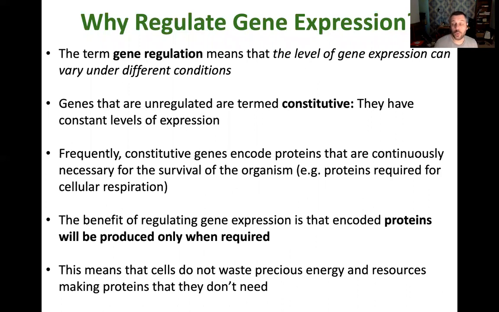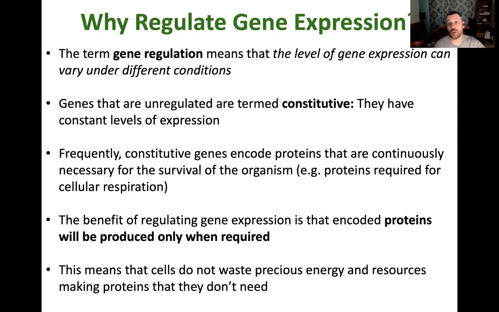So why is it important to regulate this process in cells? What this means is that this process of gene regulation, this process of gene expression, can be varied under different cellular conditions. And that's really important. Now, it's also important to let you guys know that some genes are not regulated at all.